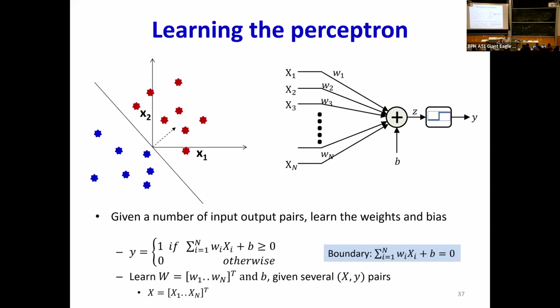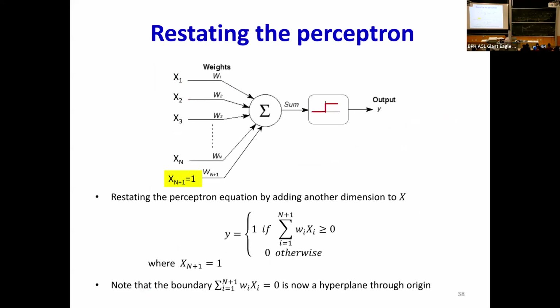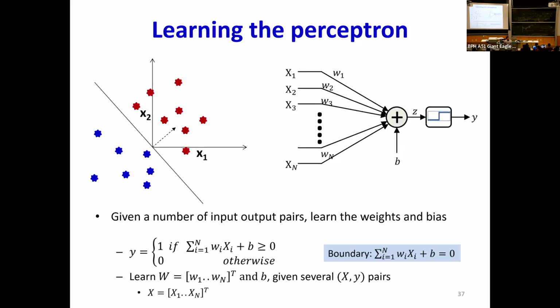And let's see how we can solve this. But before we do this, what kind of a function is this? When I actually learn this boundary over here, the boundary is summation over i of Wi xi plus b equals 0, where b is minus t, right?